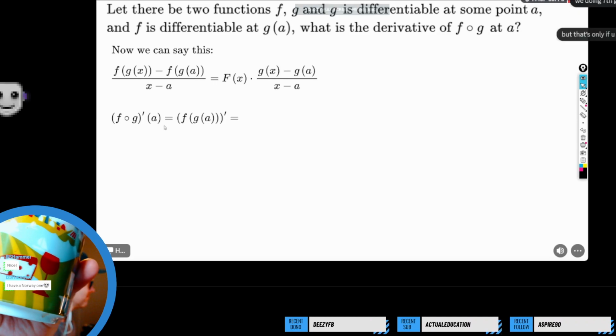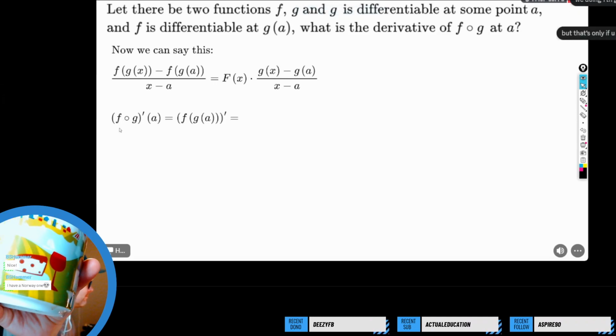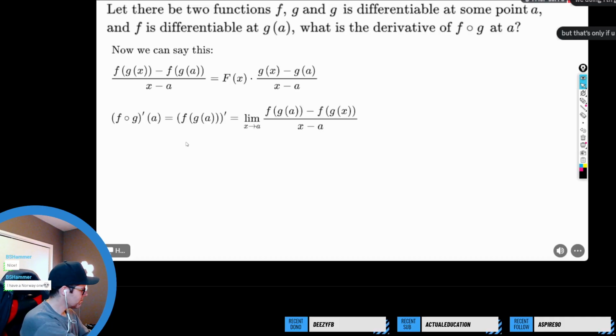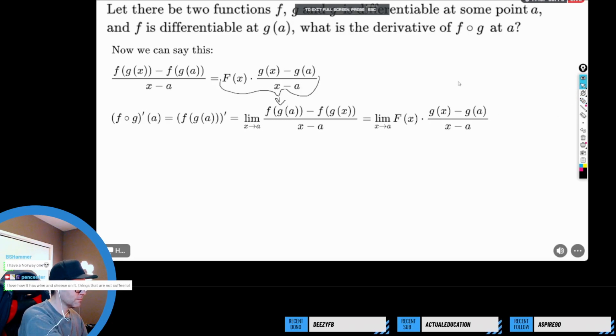So we know that the composition of f and g at a is the limit as x goes to a of this. But now we can just swap this into here, and we will get this.